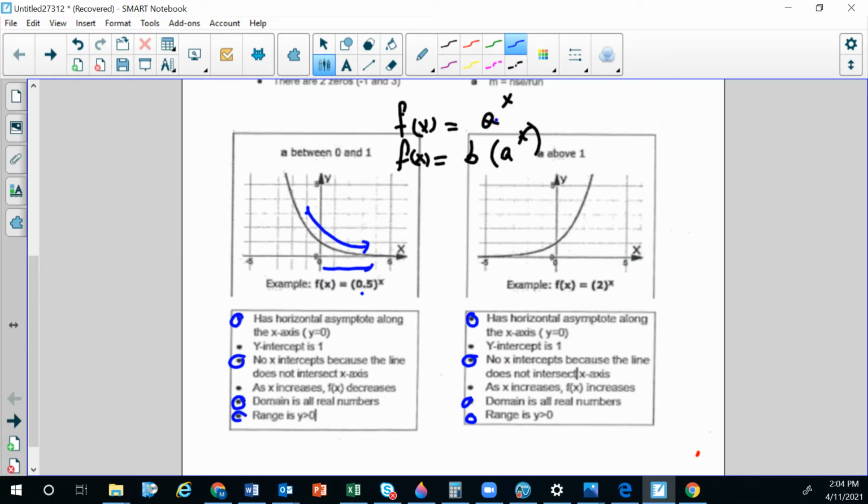So when a is between 0 and 1, the graph decreases. On the other side, when a is greater than 1, the graph increases. So as x increases, the graph goes up. Okay, so that's this bullet right here.